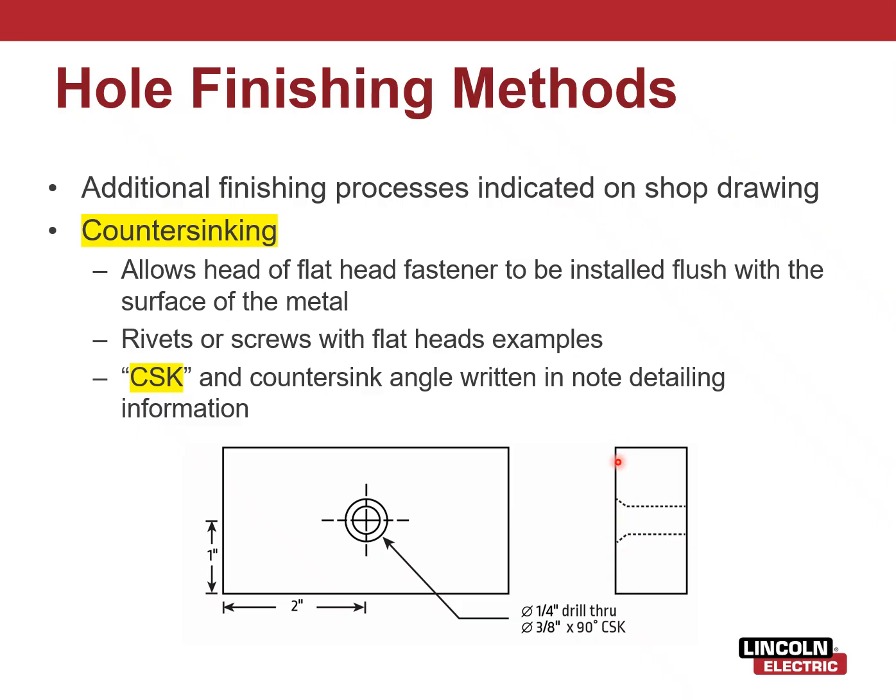Maybe this is a flooring part, or maybe another part is moving past this. Think about the shear when the blade's coming down. There are bolts that hold the blade in there, and they are countersunk so that the bolt heads aren't sticking out. On the print, that's going to be denoted as CSK right there. So you have a 1/4 inch drill through, so that's a 1/4 inch through hole, and then a 3/8 countersink.